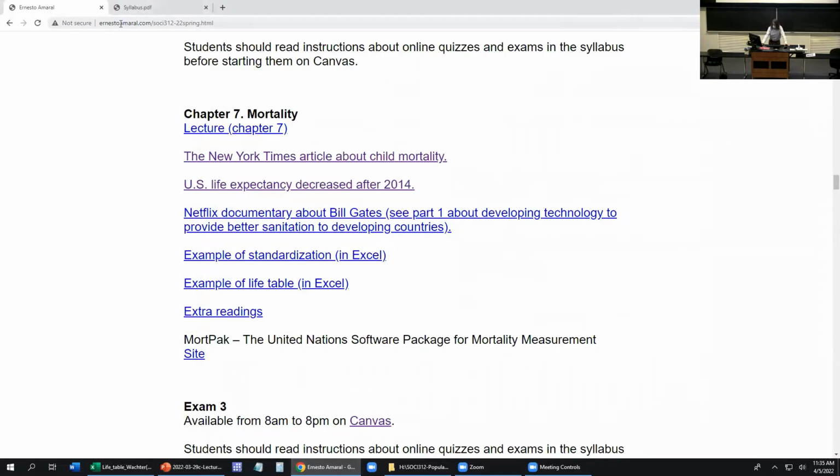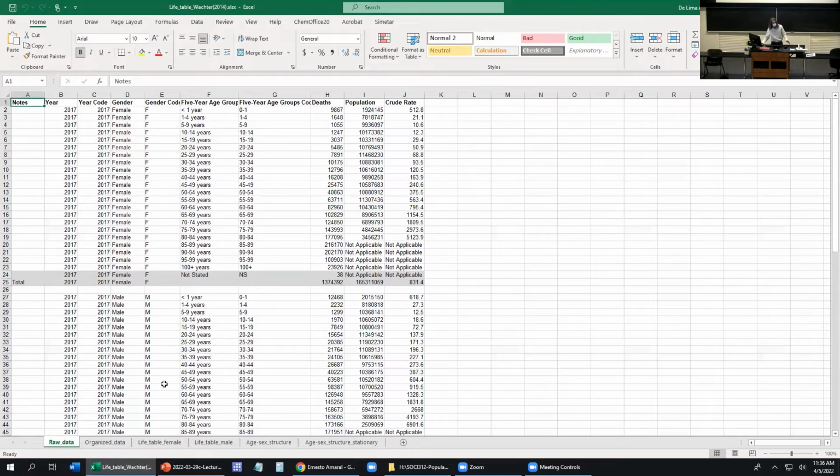And here, if you go to the course website, in the portion about mortality, you can download the example of a life table in Excel. When you download, it is a compressed file, so you uncompress it and it becomes an Excel file. It's pretty much one Excel file here.